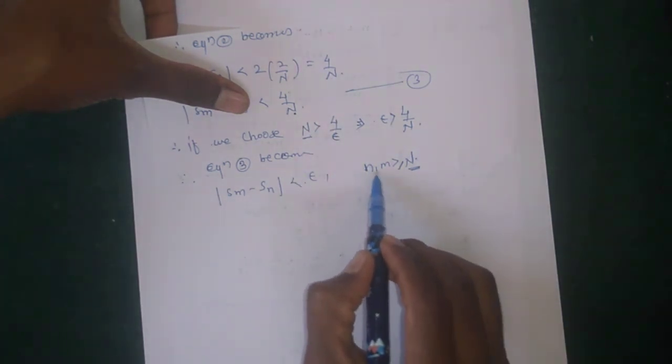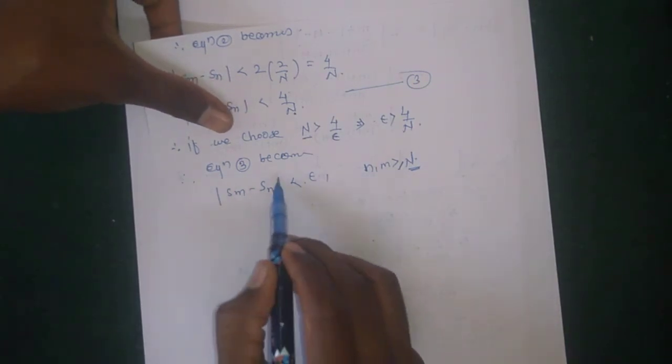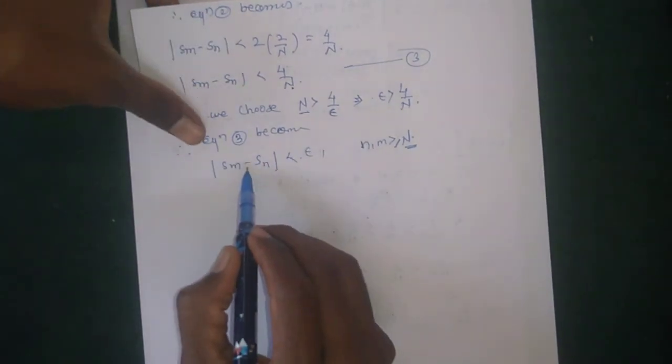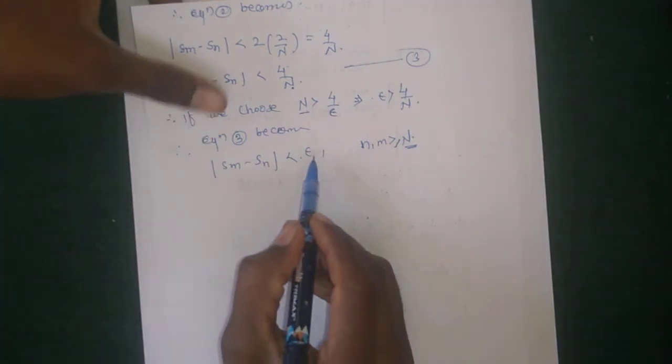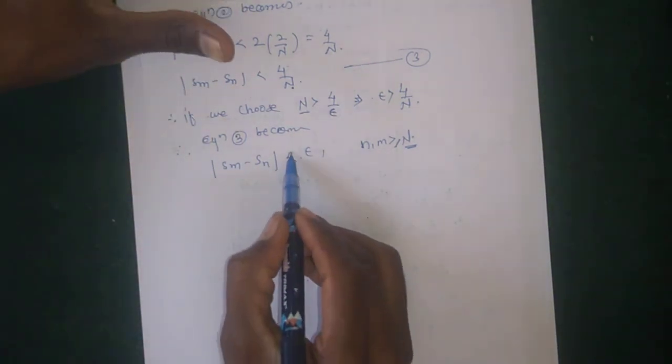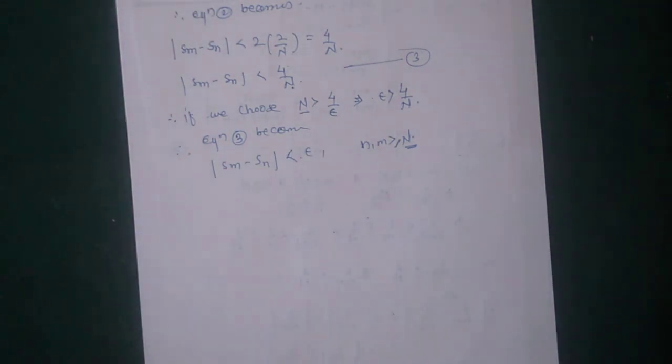Then for all values of n and m, the distance between the mth term and the nth term of the sequence must be less than epsilon. So in this way we find how to show a given sequence is a Cauchy sequence. Okay, so these are some examples.